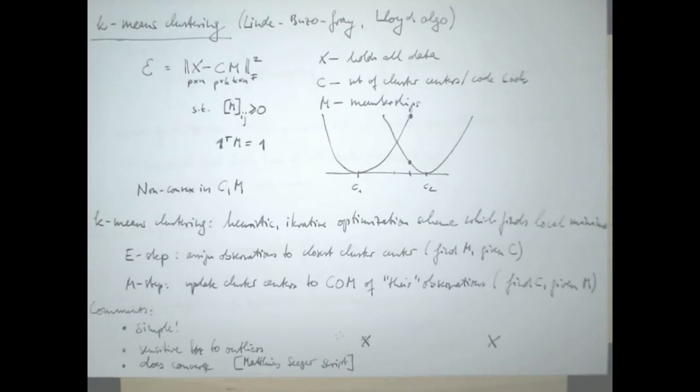So the k-means method really uses the Euclidean distance.